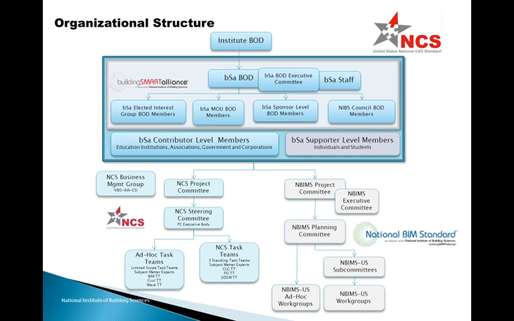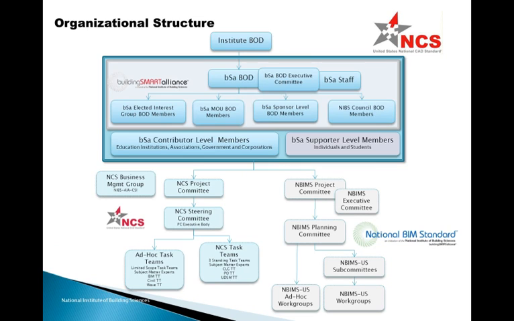So in terms of the organizational structure, bottom left, you see the NCS, which consists of the project committee and steering committee. And we have under the steering committee task teams and ad hoc task teams.